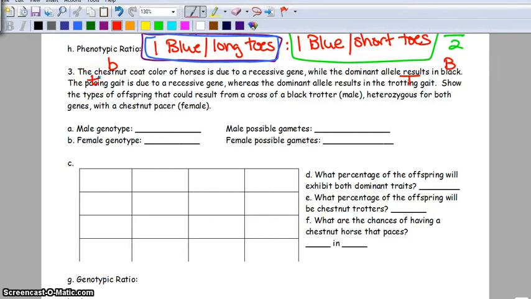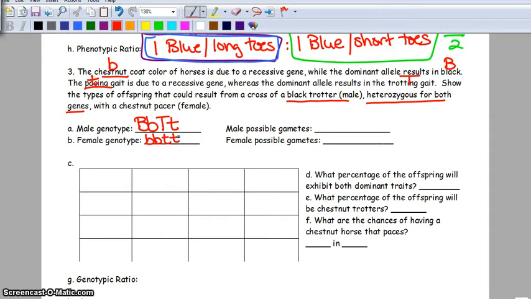Show the types of offspring that could result from a cross of a black trotter. So we know he has both dominant traits, and they're saying he's heterozygous for both of these. So we're going to have big B, big T, little t, with a chestnut pacer. If we go back and look, chestnut is recessive and pacing is recessive. So we have little b, little t, little t.